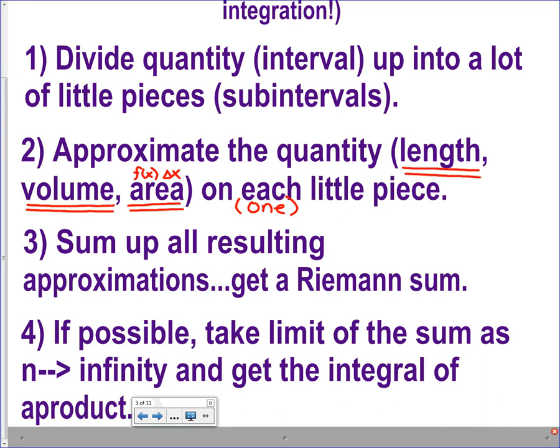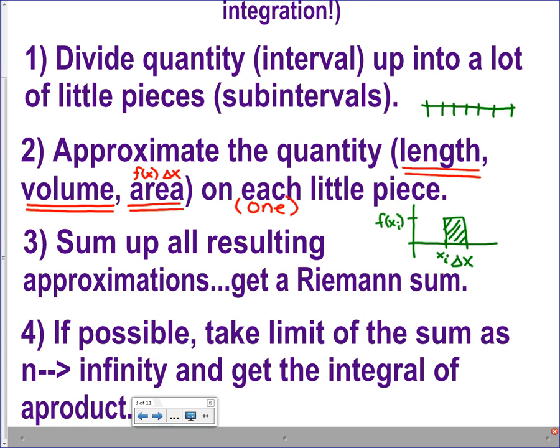But you can think of it in terms of our development of area. Divide the x-axis up into a bunch of subintervals. When we were looking for area, we took each subinterval delta x and we multiplied it by whatever function value we had at x sub i to get the area of that.